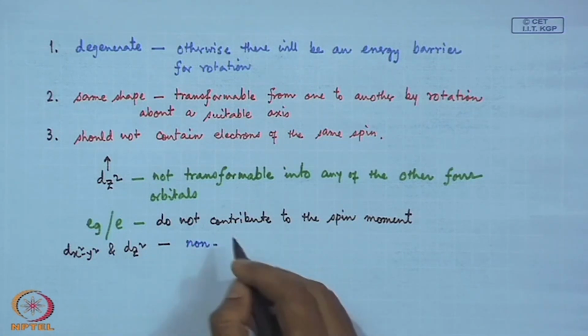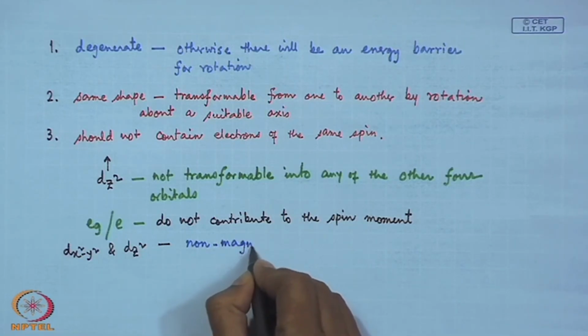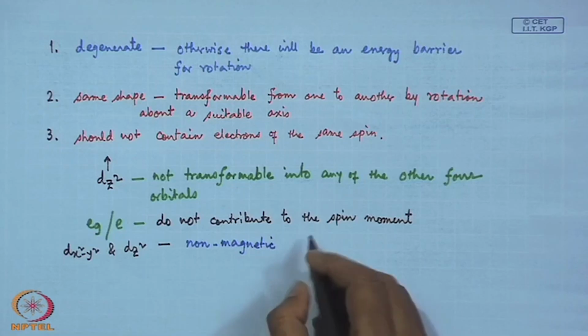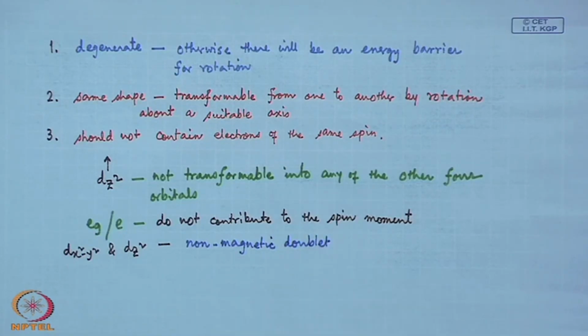So, these two levels we can consider as a non-magnetic doublet. So, they are non-magnetic in terms of the corresponding orbital contribution, but if the electrons are there, the spin moments are always available, but the orbital moment we cannot.